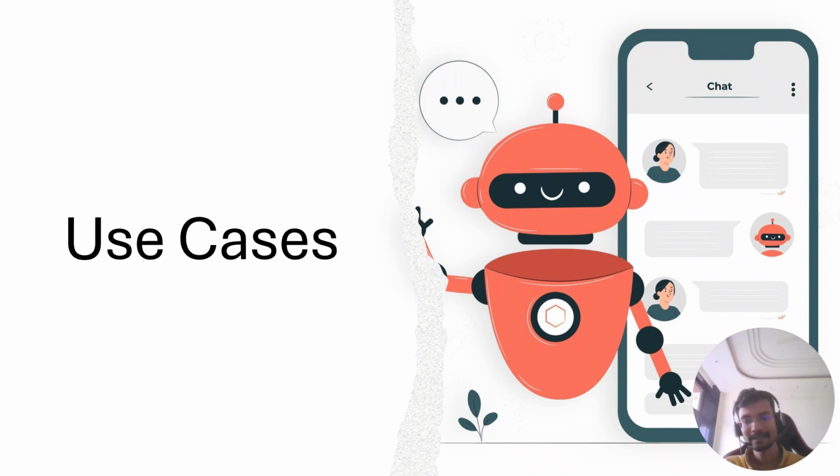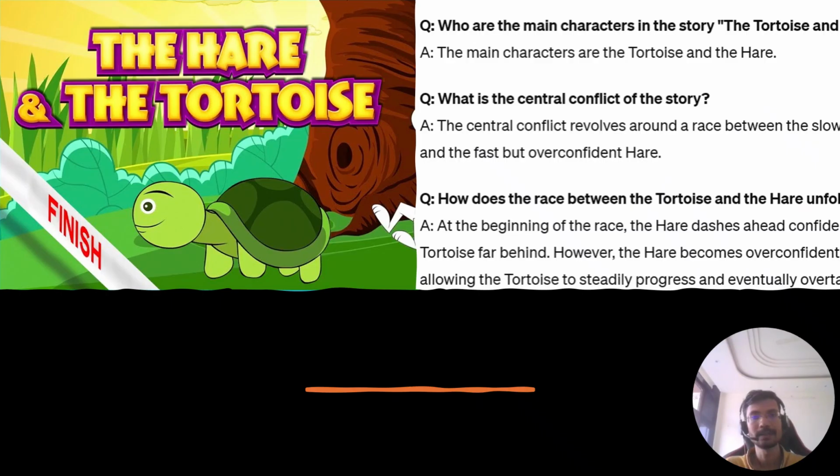So this can be readily used there. It can also be used in making QA bots, context specific text generation, language translation, sentiment analysis, and a lot more.